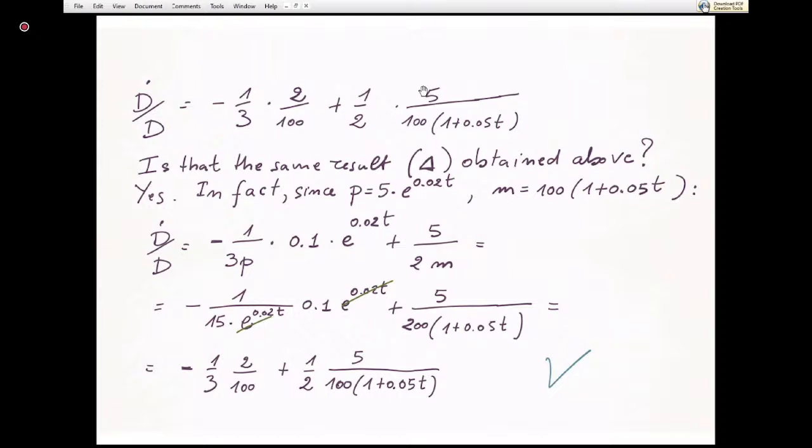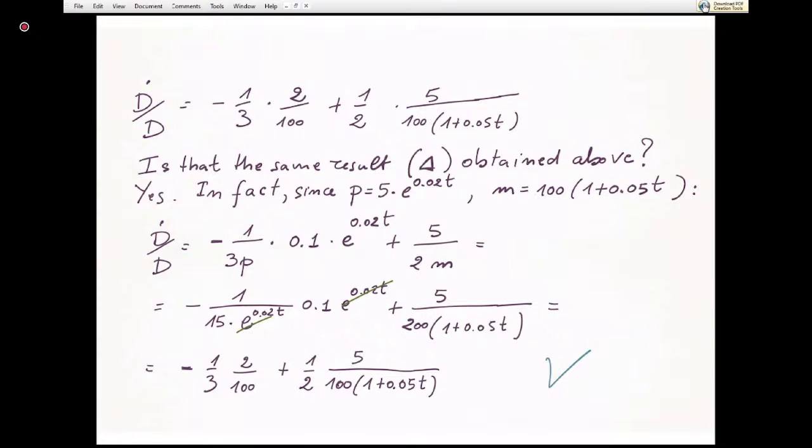The price is itself an exponential function, so it can be simplified. The final step is precisely the formula here. This is just algebra.